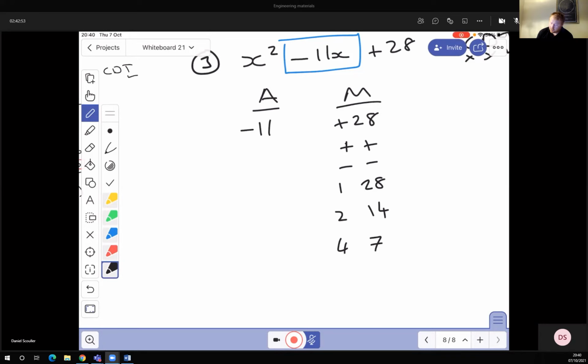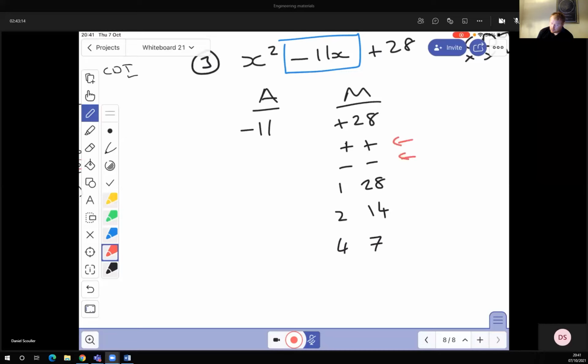We're looking for something that adds together to make negative 11. So 1 and 28, positive or negative, doesn't work. 2 and 14, close but no cigar, so that doesn't. 4 and 7 does.